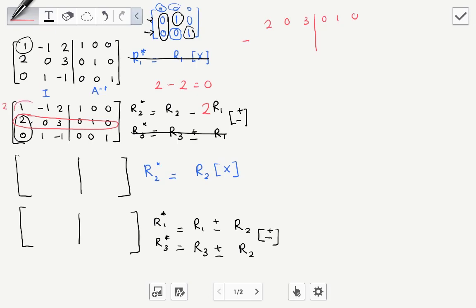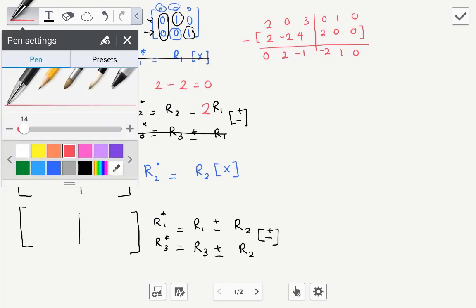What happens when you multiply every element with 2? 2 times 1, we get 2, negative 2, 4, 2, 0, 0. So this is 2R1, and we are going to minus. So we will be getting 0, 2, negative 1, negative 2, 1, 0. This is your new row 2.